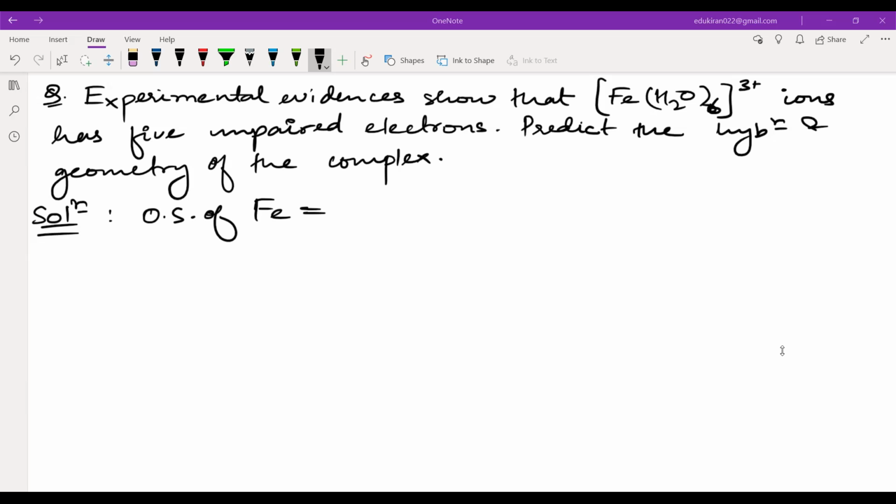Plus 3. Do it for that only, na? Remove 3 electrons, right? Yes, sir. Okay, and then write the ground state. Yes, Nazira, very good, correct.